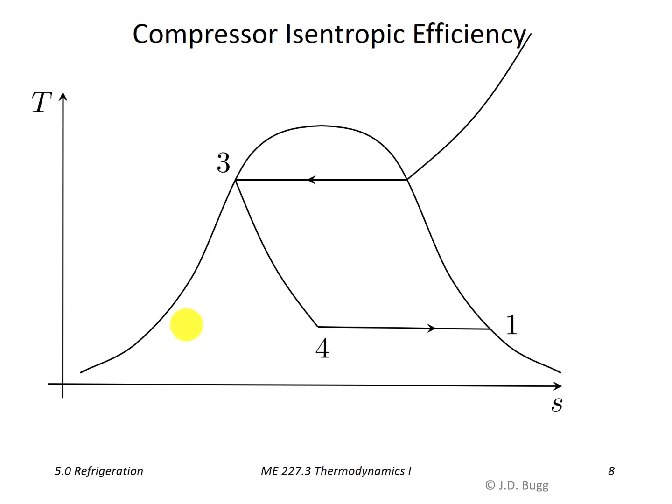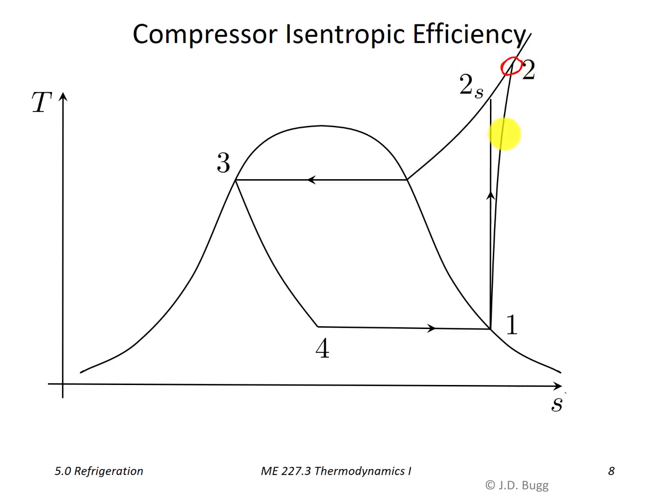Now the next thing we want to look at is the isentropic efficiency of the compressor. So far we've looked at a compressor that is isentropic, meaning a vertical line on the TS diagram. Well, a real compressor is going to drift off to the right as the compression progresses, so that we'll actually hit the condenser pressure up here at a higher temperature.